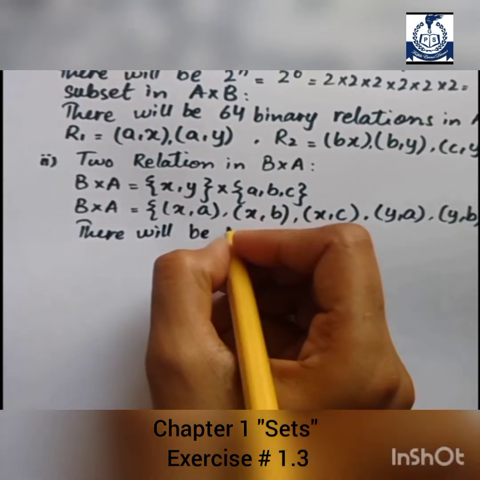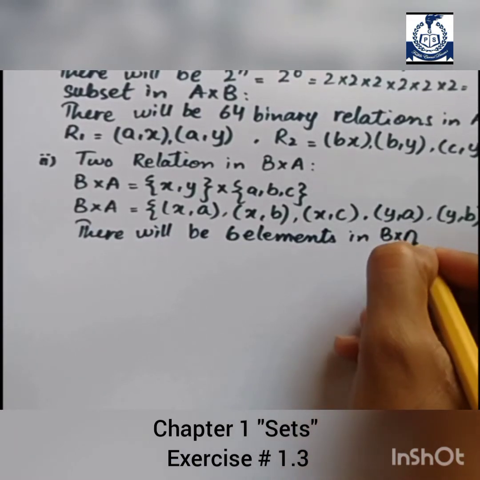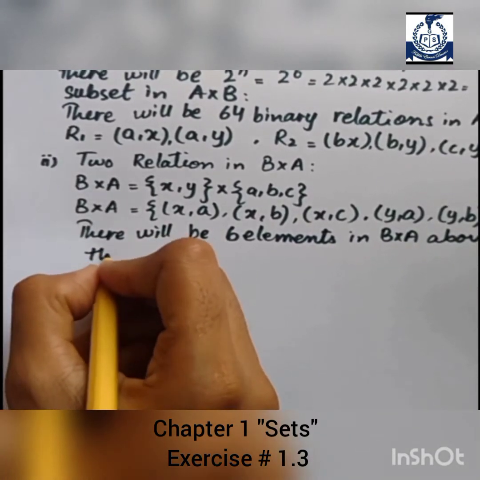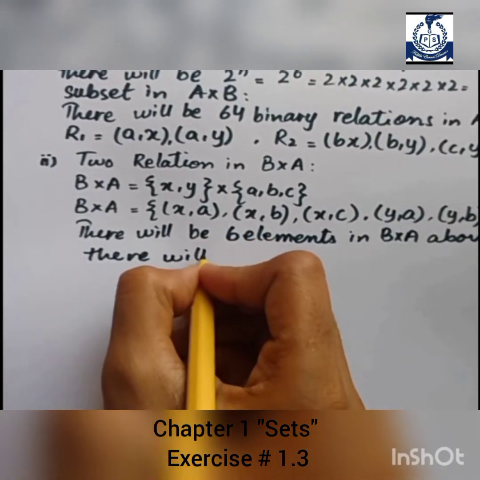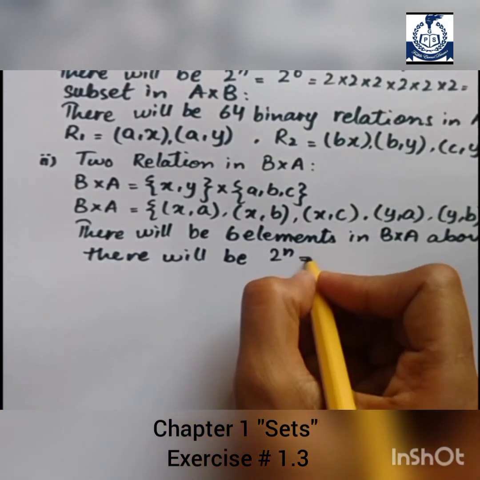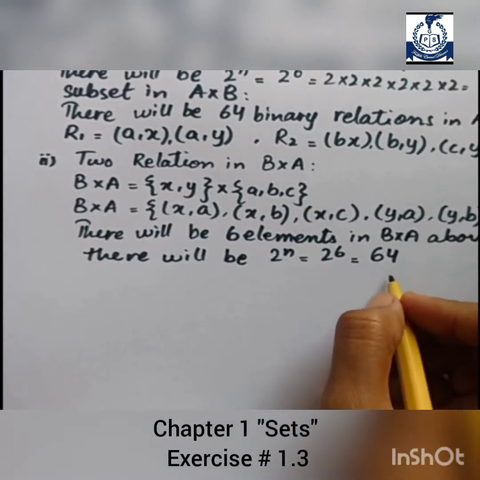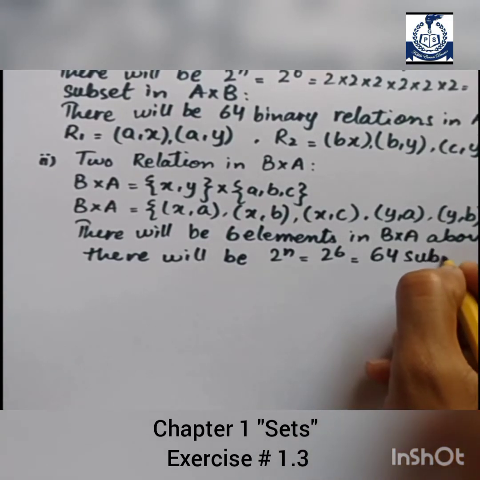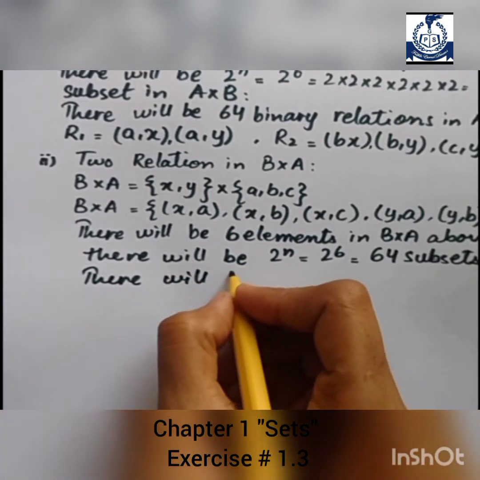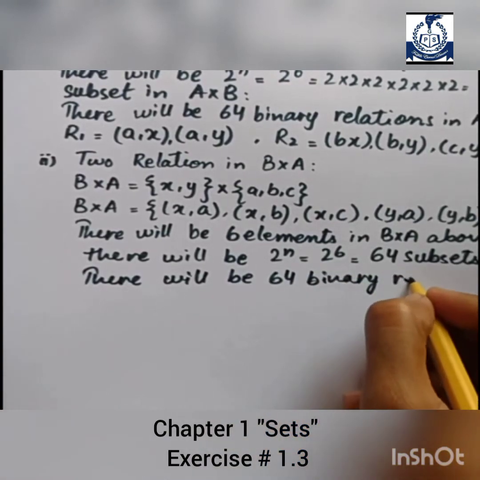There will be 6 elements in B Cartesian product A. So there will be 2 power n, so 2 power 6, also 64. So 2 power 6 is equal to 64 subsets, so there will be 64 binary relations in B Cartesian product A.